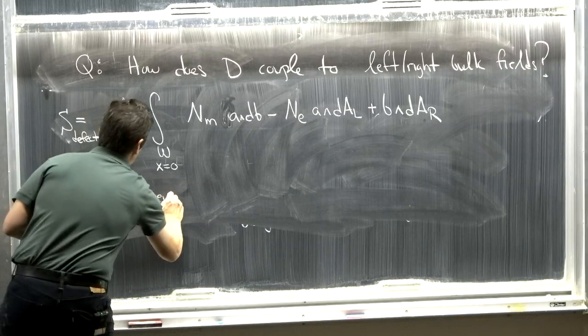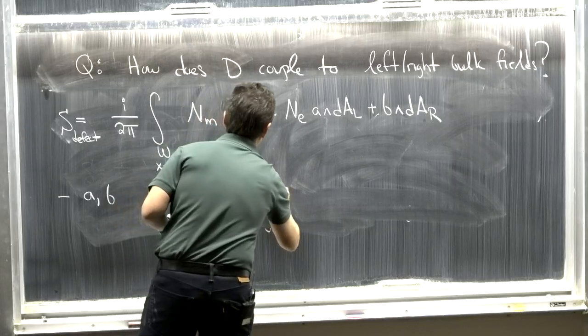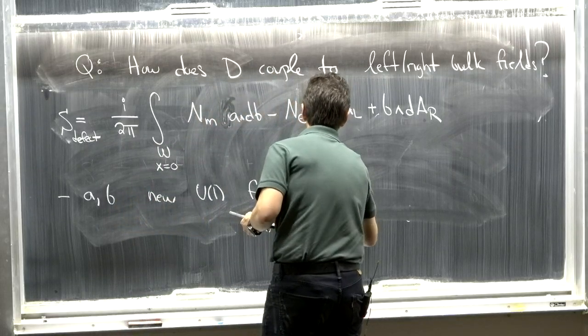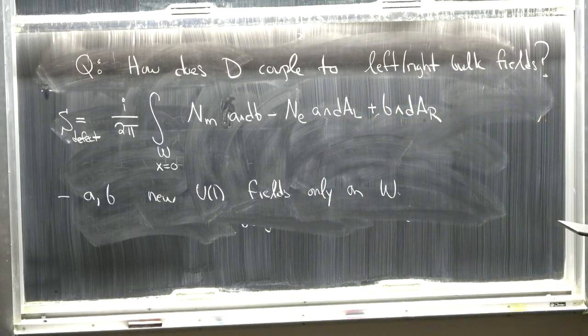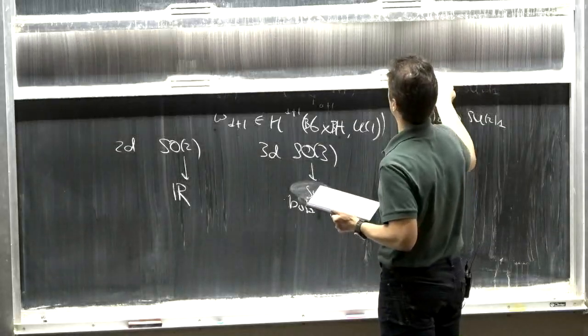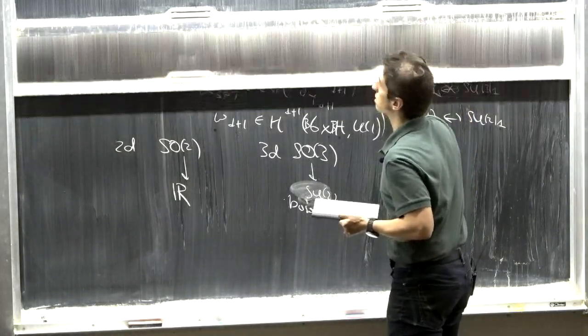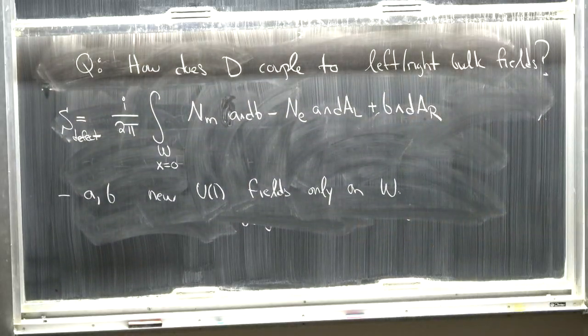These are new U(1) gauge fields that live only on W. Now, that looks mysterious, but one thing let me emphasize already is that A and B only have Chern-Simons couplings.